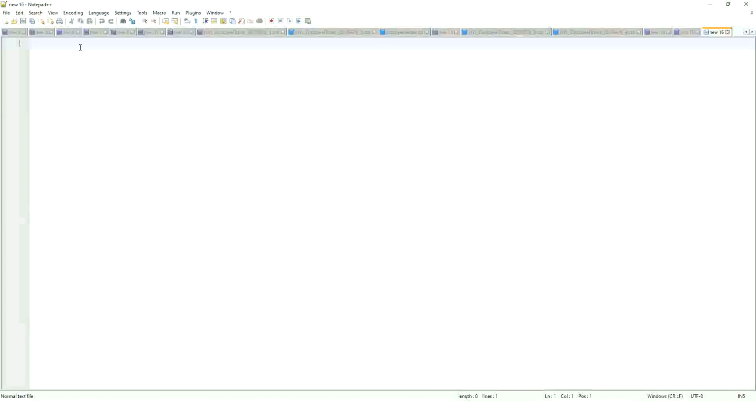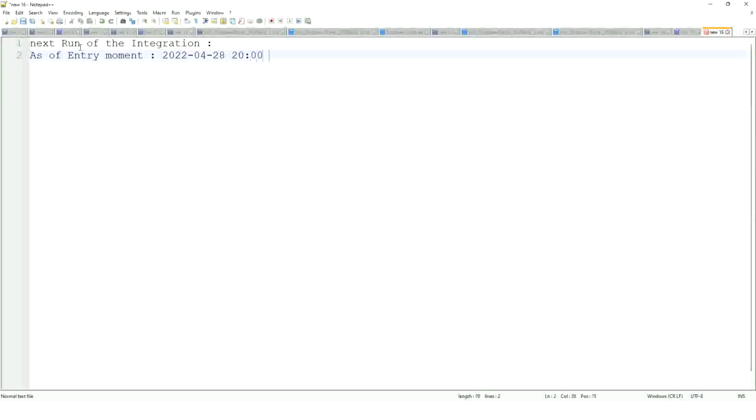So first let me define the parameters. I'm going to run this integration on the 28th. The next run of the integration is going to be on entry as of entry moment. As of entry moment would be April 28th, so 2022, 0428. Let's say 8 p.m. PST.